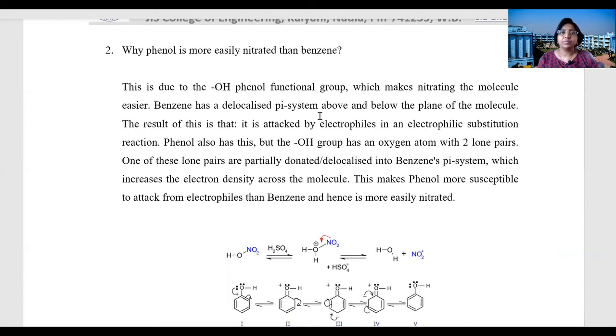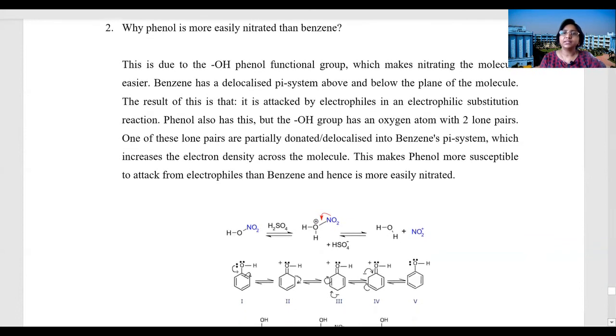The result is that it is attacked by electrophiles in an electrophilic substitution. Phenol also has this, and the OH group has an oxygen atom with 2 lone pairs. One of these lone pairs is partially donated or delocalized into benzene's pi system, which increases the electron density across the molecule. This makes phenol more susceptible to attack from electrophiles than benzene. So it is easily nitrated.